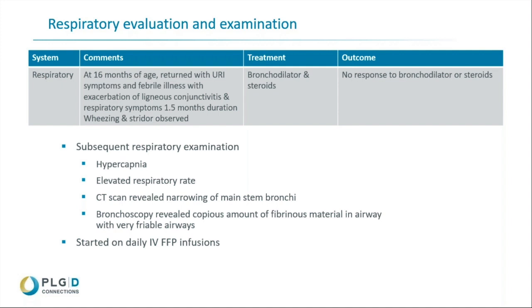Her evaluation revealed hypercapnia, narrowing of mainstem bronchi on CT scans, and copious amount of fibrinous material in the airways, with very friable airways on bronchoscopy. She began stat therapy with IV FFP.